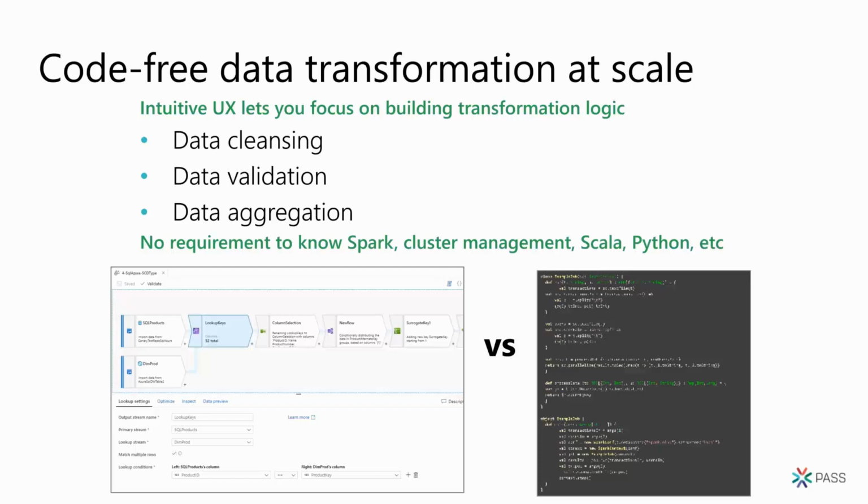The whole idea of data cleansing, data validation, data aggregation, rather than requiring the engineer to know Spark, to know the code, know Python, Scala, whatever language you're going to use in order to perform these tasks. And by the way, data engineers today in the modern data warehousing world do know these tasks. I mean, they're definitely very good at the Scala code or the Python code or whatever code base they're going to use in order to do this.